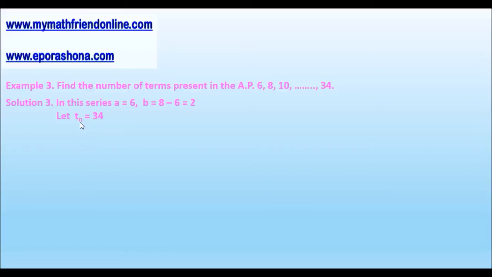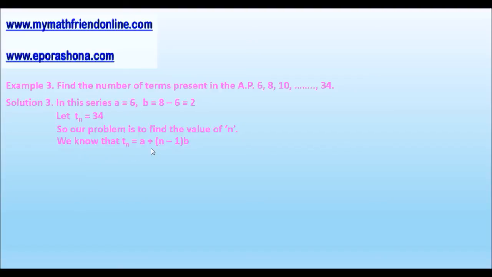So we are writing Tn equal to 34. Now basically we have to find the value of n. If we know which term is 34, we can say that many number of terms are present in the series. Okay. So our problem is to find the value of n, this n.